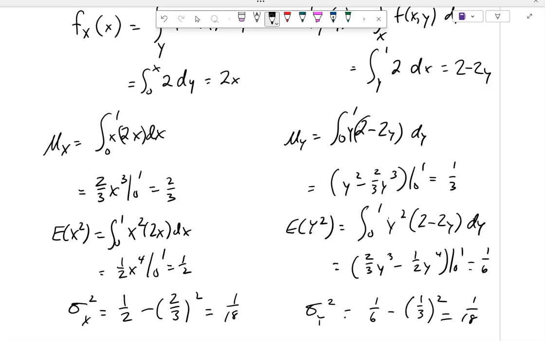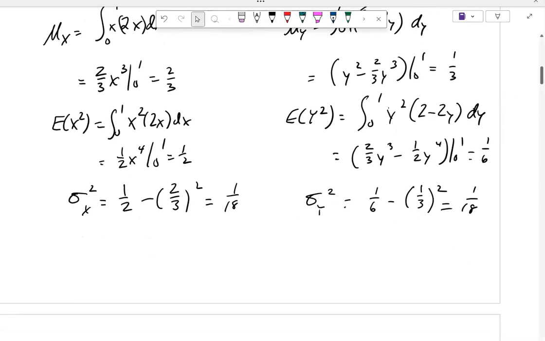The next part asks for covariance. Well, we figured out expected value of x and we figured out expected value of y up at the top. For covariance, I need expected value of xy, right? This one I really do have to go back to the double integral.